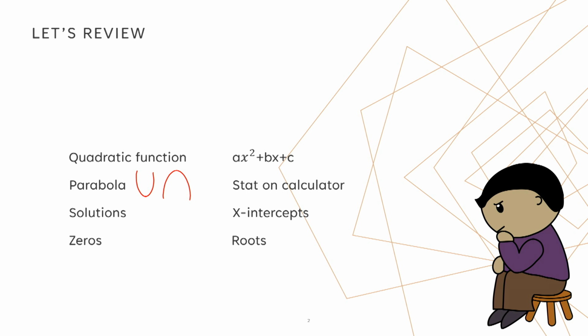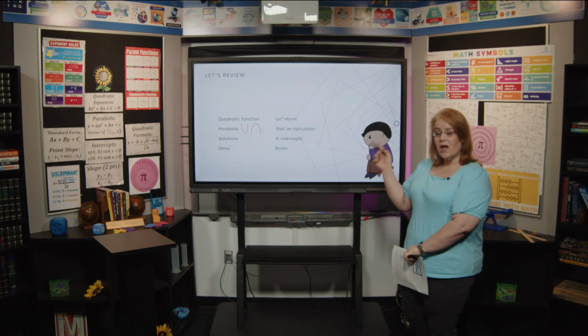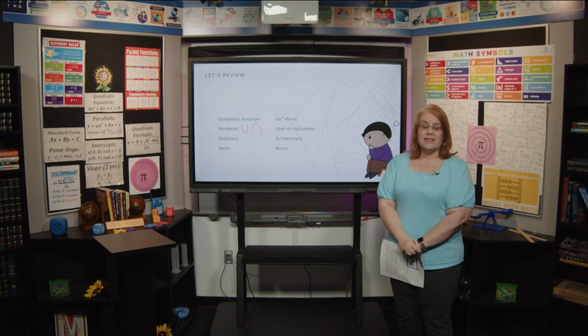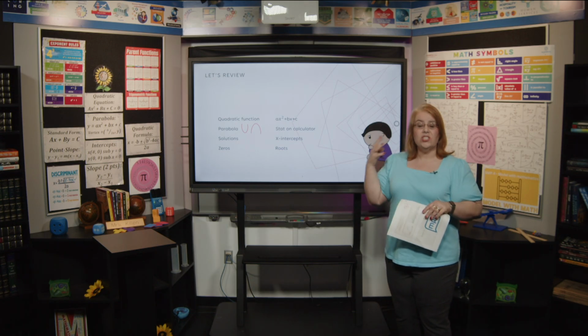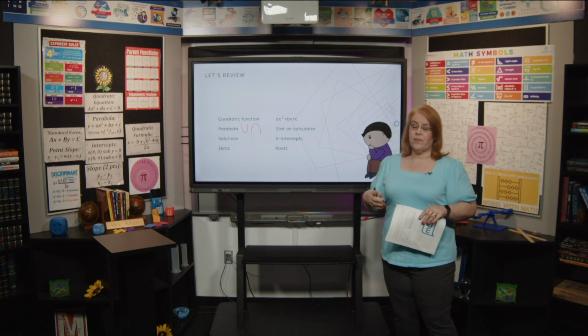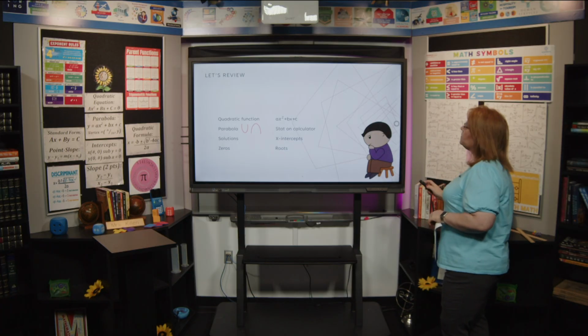We talked about the solutions and the zeros and roots as being where those parabolas cross or touch my x-axis. We talked about what those x-intercepts were, and we also looked at using our stat button on our calculator to put in that data so we can generate a quadratic function.